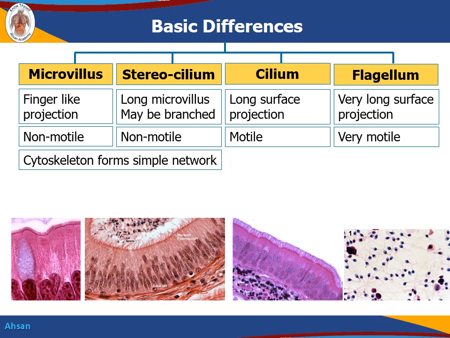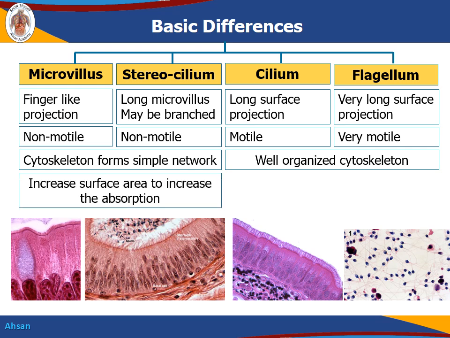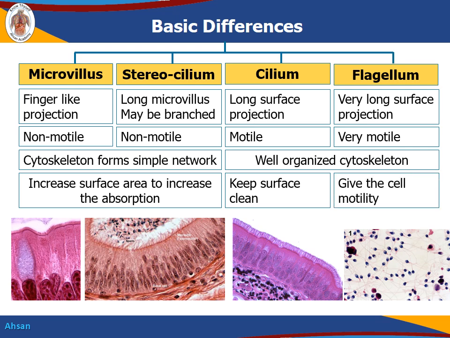The cytoskeleton forms the skeleton, but it is a simpler form in microvilli. But a relatively well organized cytoskeleton is observed in cilium as well as flagellum. The microvillus and stereocilium increase the absorptive surface area. The cilium keeps the surface clean, and the flagellum helps the cell to move forward, giving the cell motility.